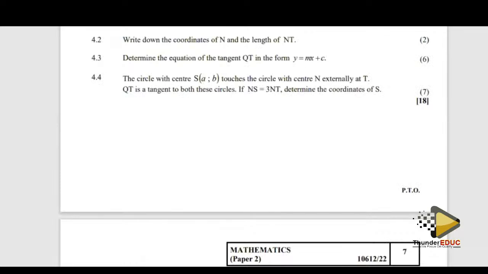Okay guys, so with 4.4, we said NS is 3NT. If we square NS, we're going to end up with 9NT². We're squaring it so that we simplify that whole thing.